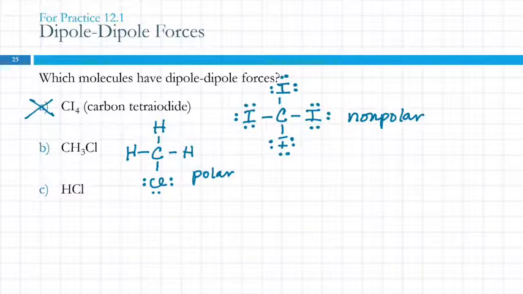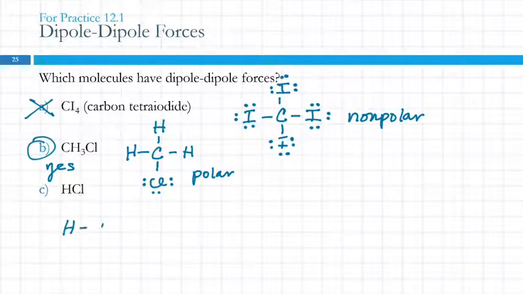Do polar molecules have dipole-dipole forces? Yes, they do. So this one is a yes for the dipole-dipole force. How about HCl? Well, this is a much simpler molecule, right? It's just 2 atoms.